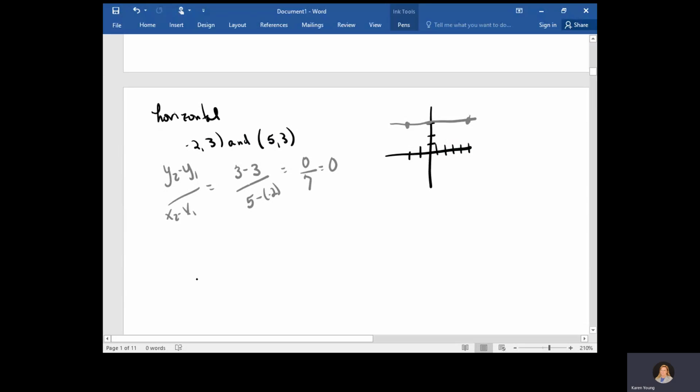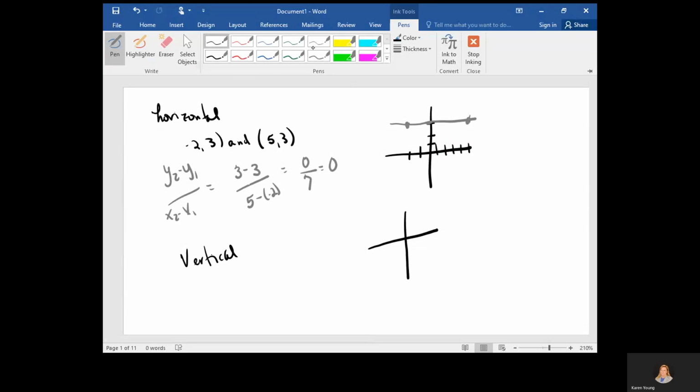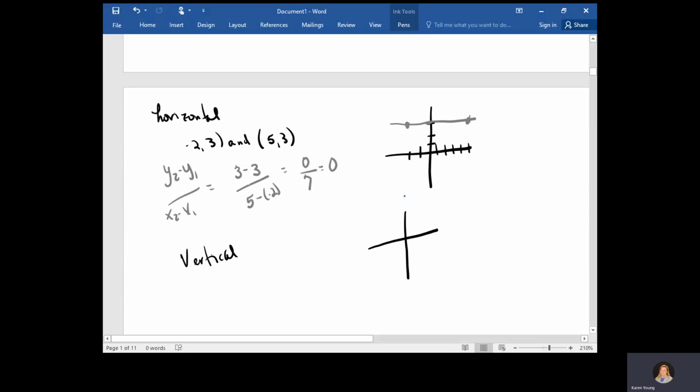For the vertical, my vertical line might look like this. And I'm going to have points 1 and 3 and 1 and -2.